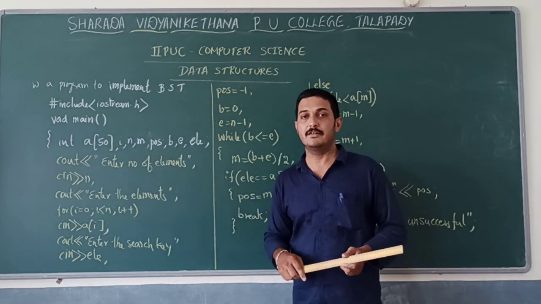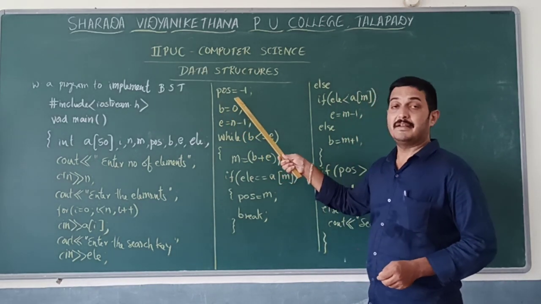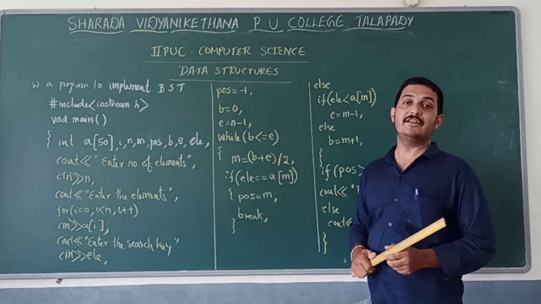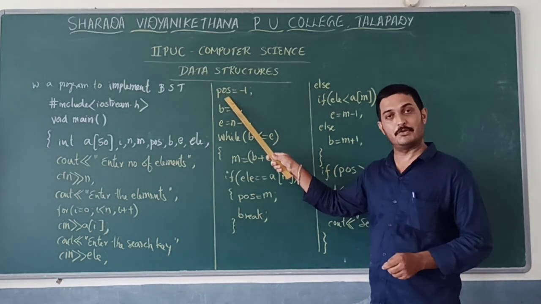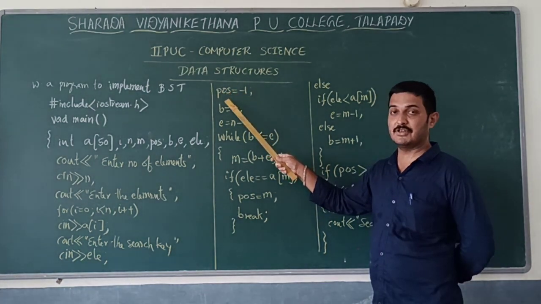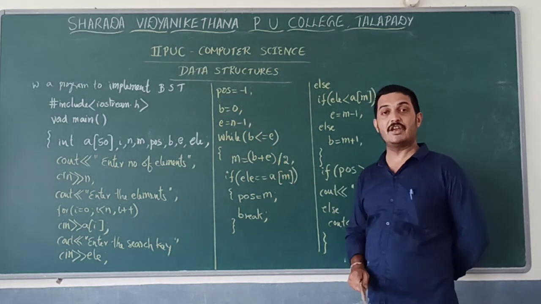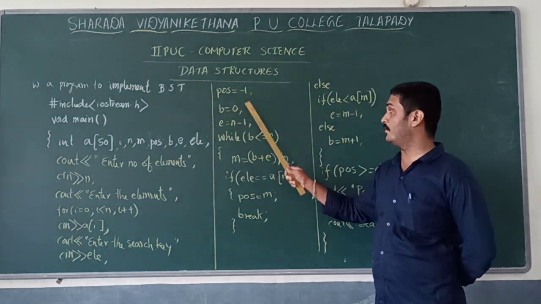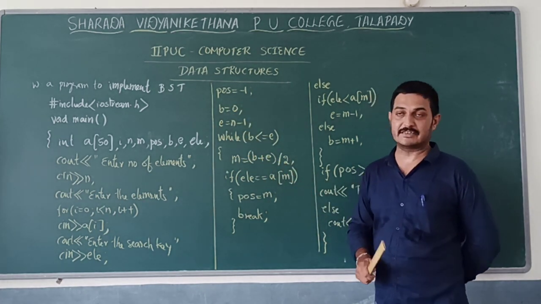So the search key is ELE, and now we are implementing the actual algorithm of the binary search technique. First specify the location or position. Here we are using position equal to -1, and b equal to 0, the location of the first element, e equal to n minus 1, the location of the last element.